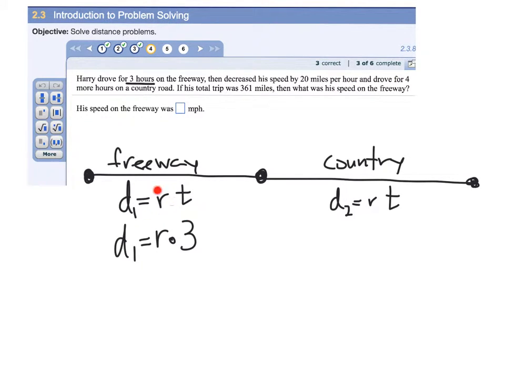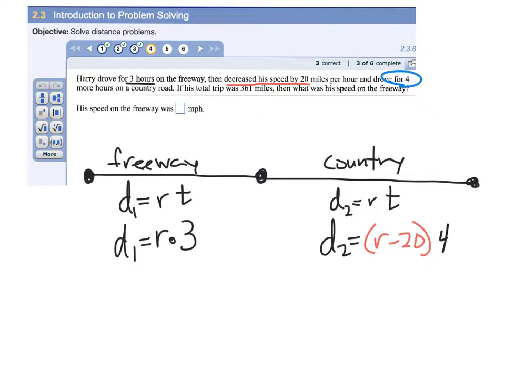So if this speed was R, that means this speed is going to be R minus 20. Decreased his speed by 20. So that's going to become D2 is equal to, in parentheses, R minus 20, and we're told that he drives for 4 hours. So T is equal to 4.